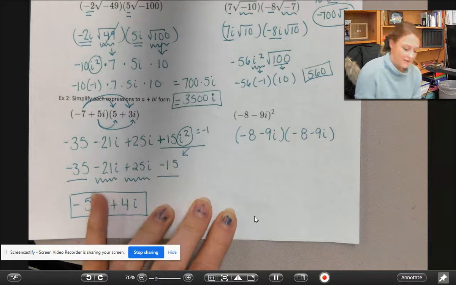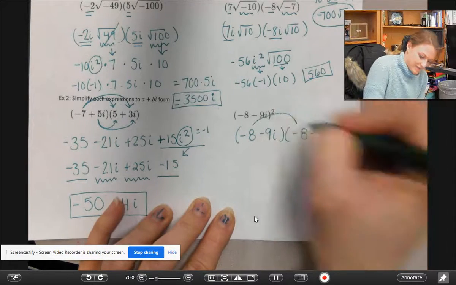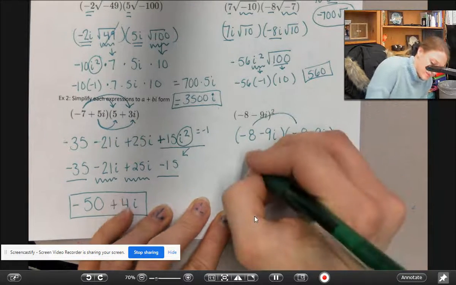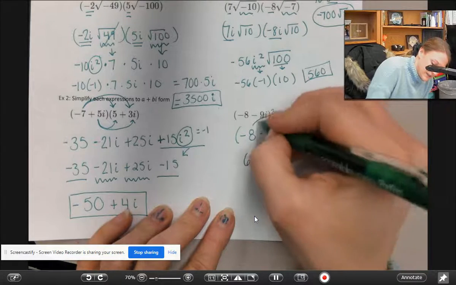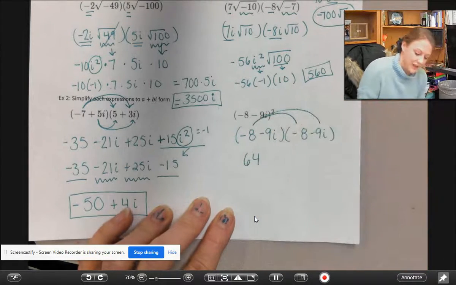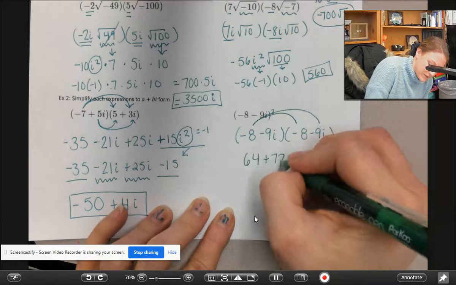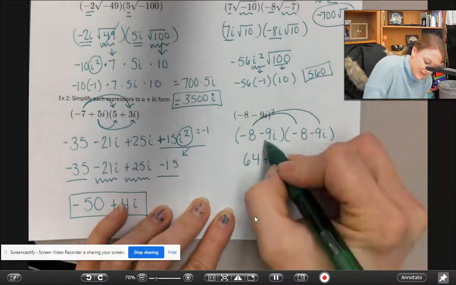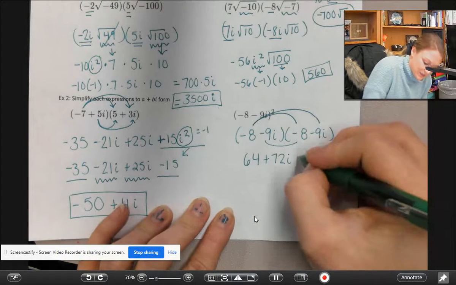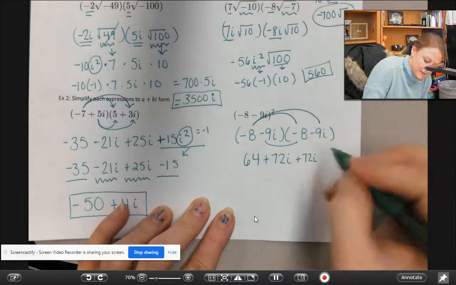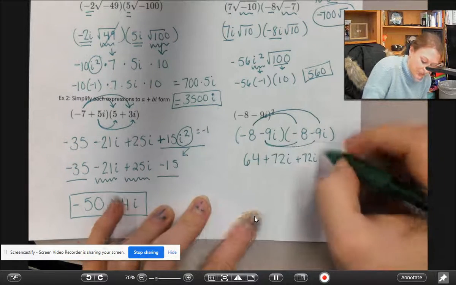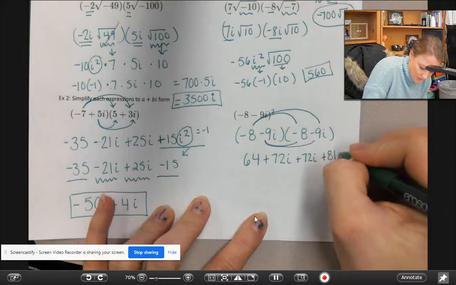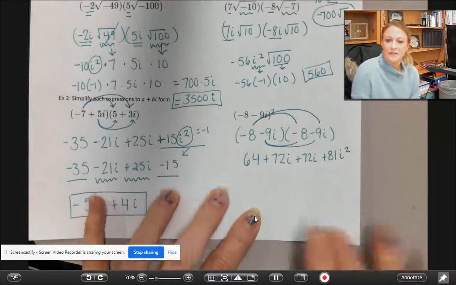And now let's multiply. Negative 8 times negative 8 is going to be positive 64. A negative 8 times a negative 9i is going to be plus 72i. Negative 9i times negative 8 is going to be plus 72i. Negative 9i and a negative 9i is plus 81i squared.